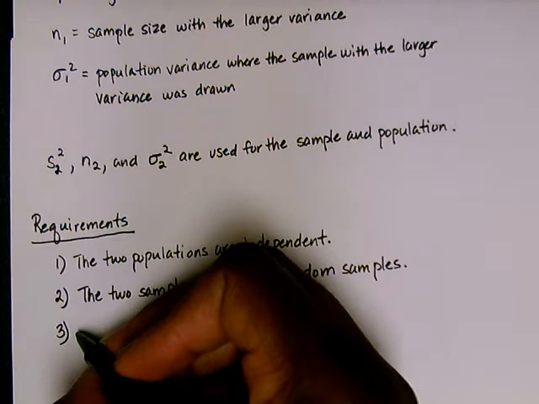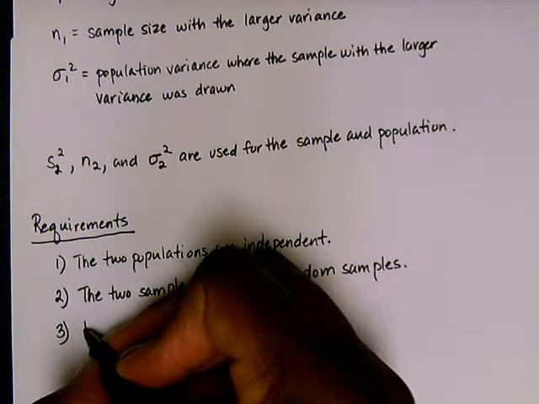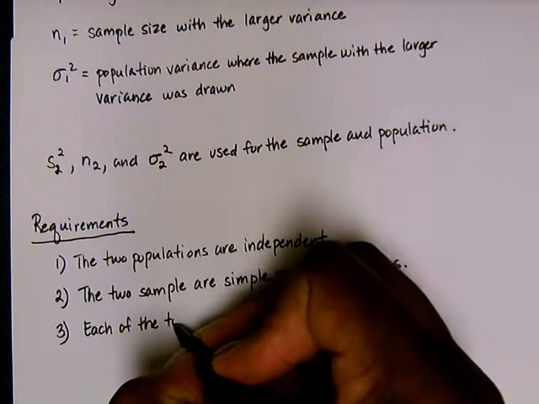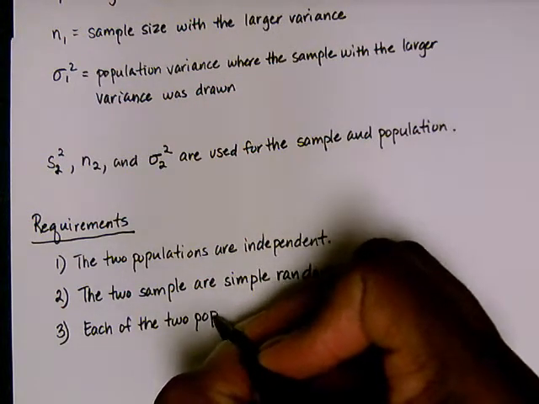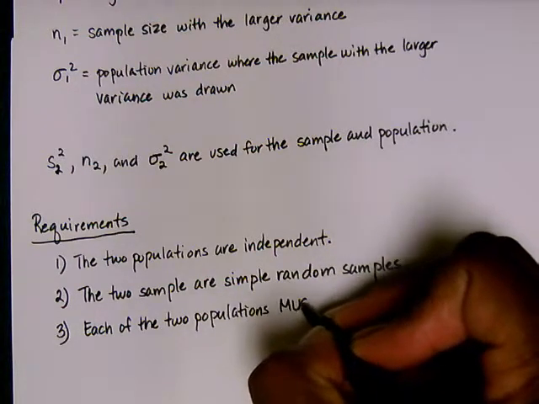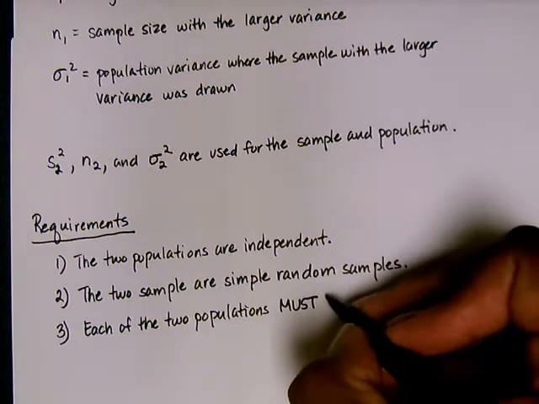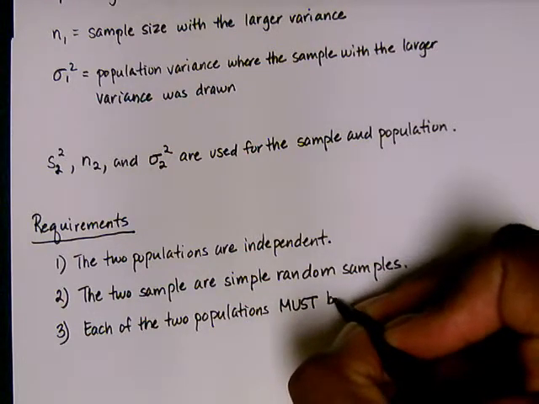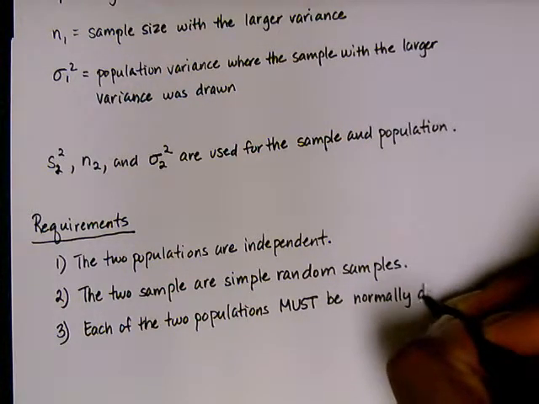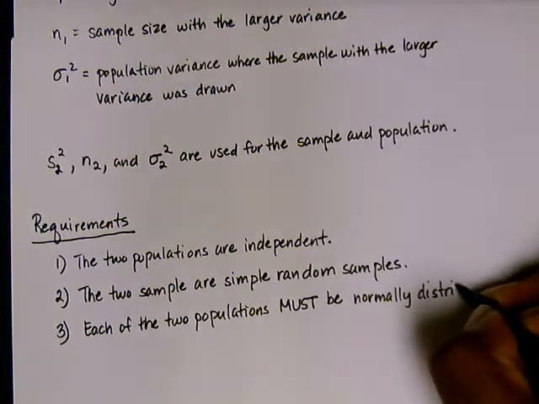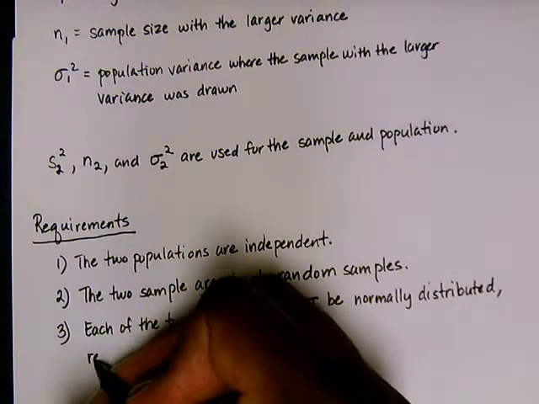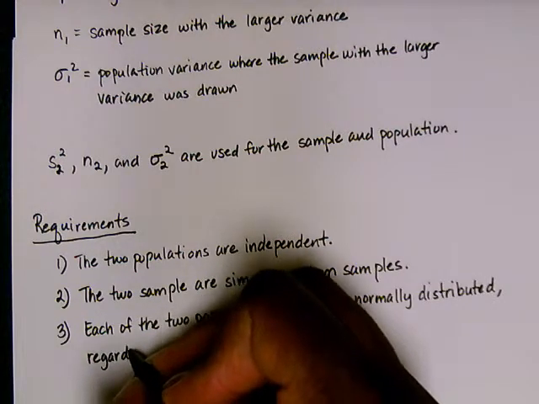And then number three, each of the two populations, and I'm going to capitalize this word, must be normally distributed, regardless of their sample sizes.